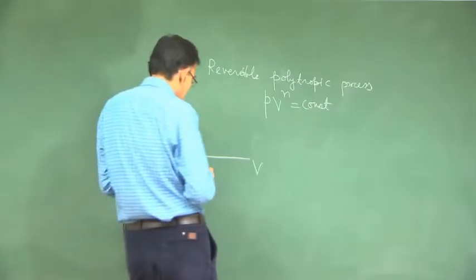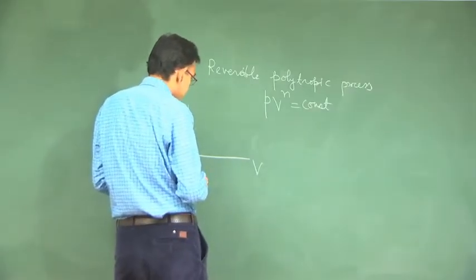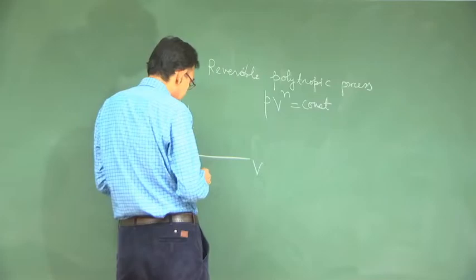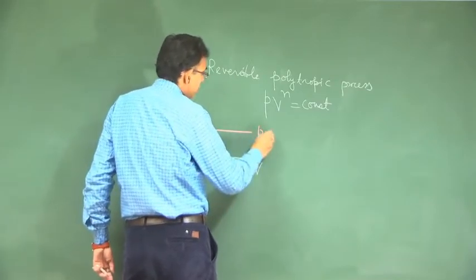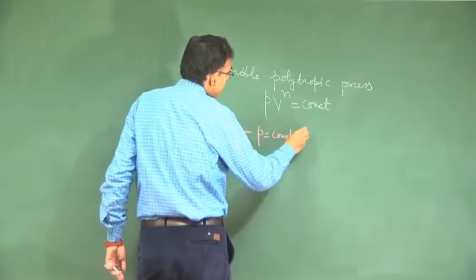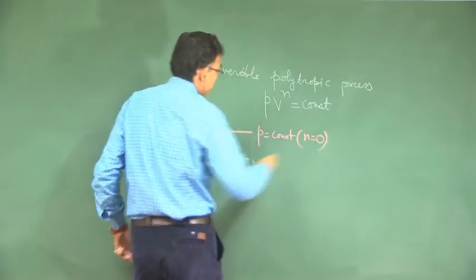So, if we now draw the constant pressure process, this is P equal to constant, so this is n equal to 0.